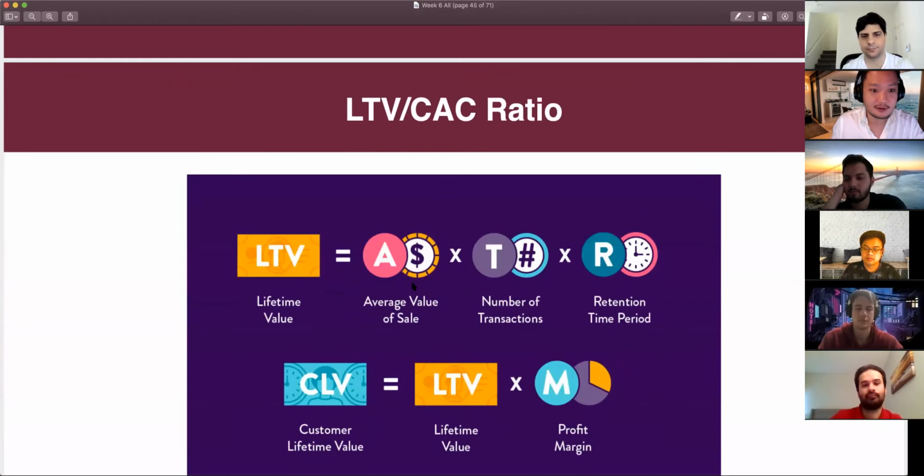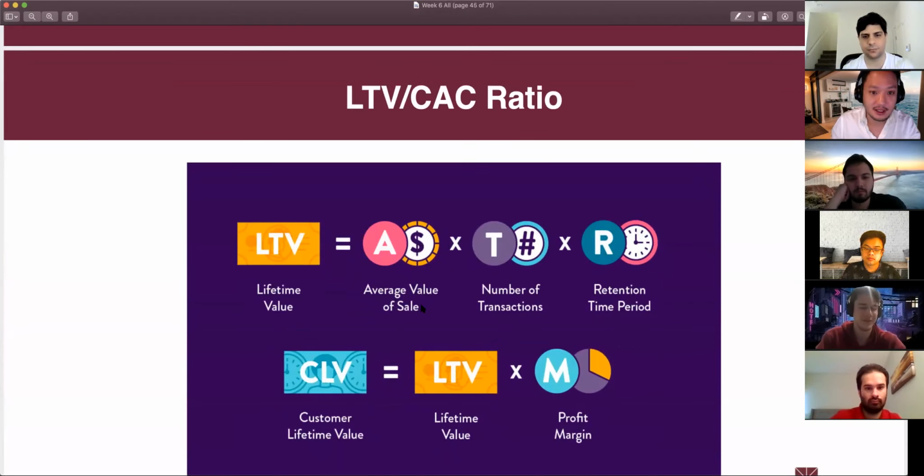Pretty cool stuff, right? So LTV is basically average value of sales times the number of transactions times retention period. Now, if it's a monthly subscription or strong recurring revenue, then you don't really have to look at the number of transactions. It's basically just the monthly fee. Does that make sense? But if you're selling in an e-commerce business, let's say the average customer makes about 5 purchases of Puya's candy per month.